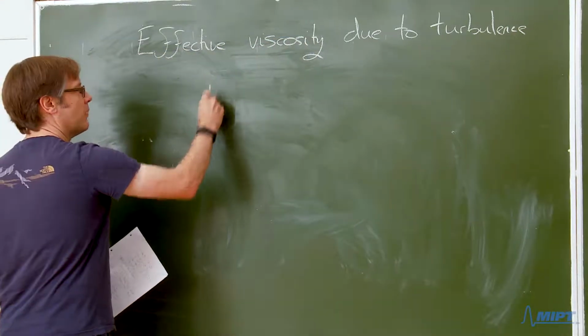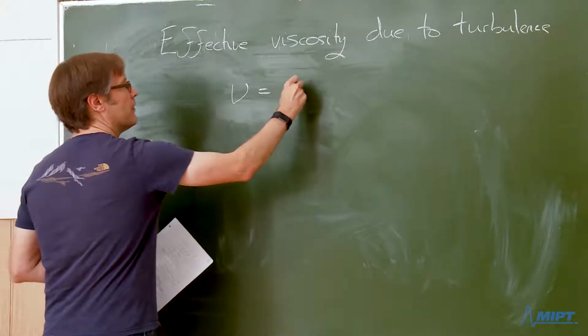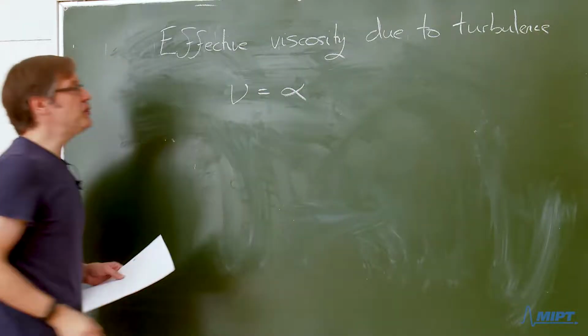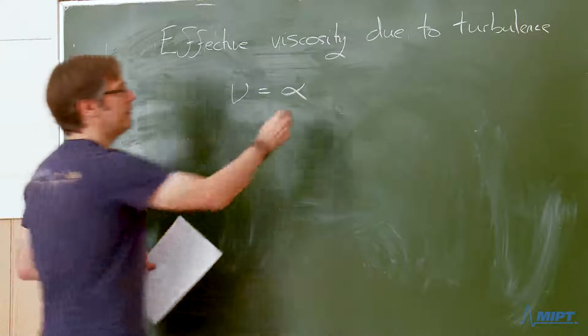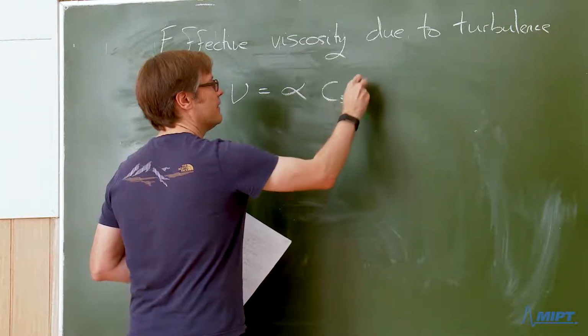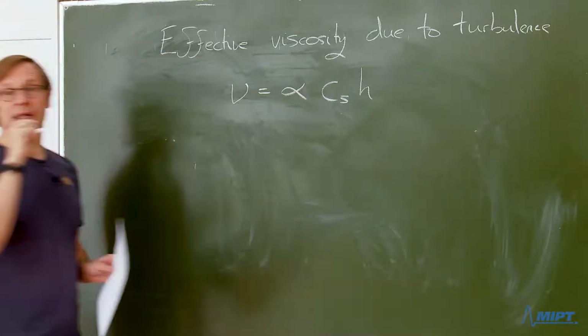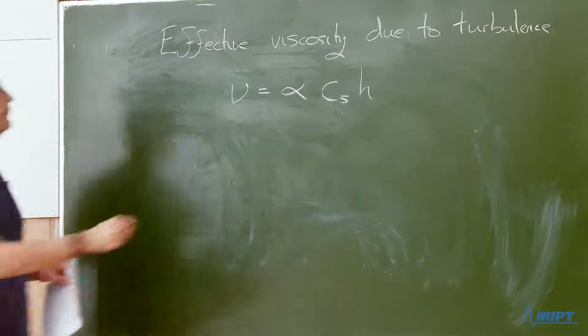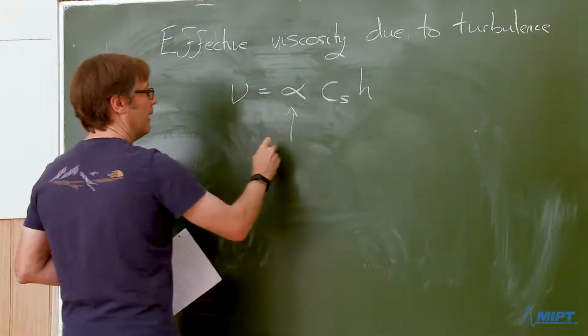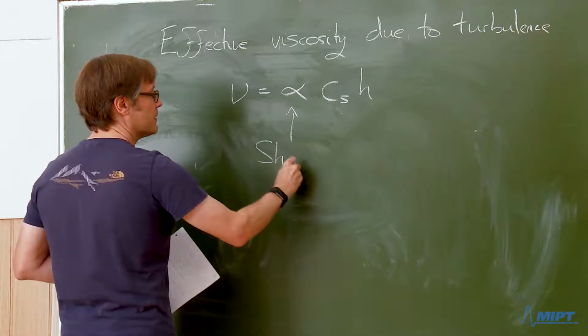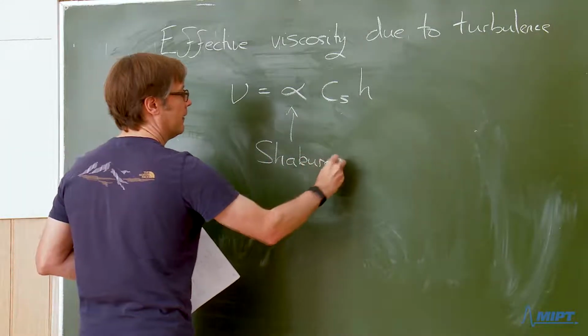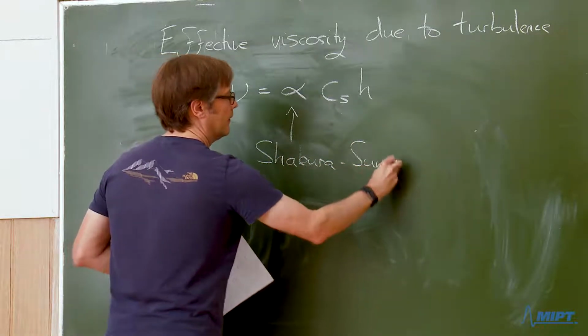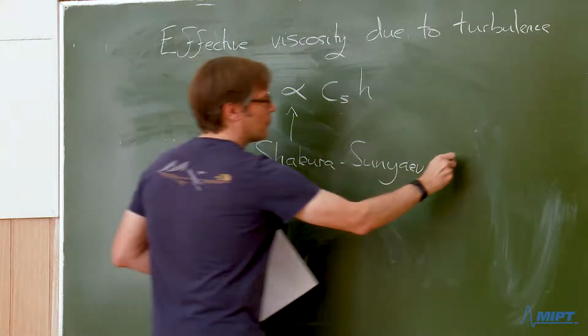And in the standard way of writing that, you say that nu is some dimensionless parameter alpha times the sound speed times the disk scale height. And alpha here is described as the Shakura-Sunyaev alpha parameter.